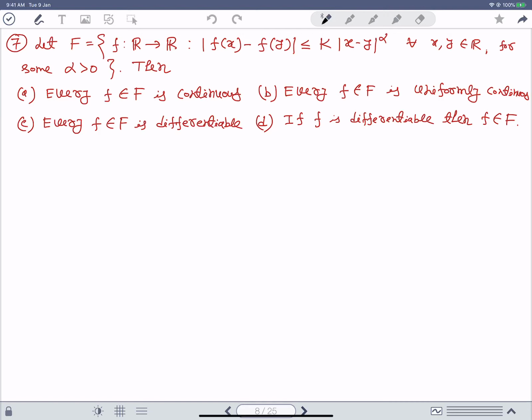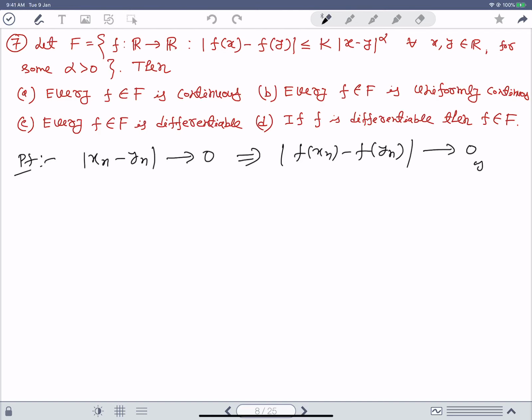Now, obviously, we can easily show that it is uniformly continuous, because if we go to the definition of uniform continuity, if x_n minus y_n converges to 0, then we must have f(x_n) minus f(y_n) converging to 0. So, this is true, and therefore we have uniform continuity.